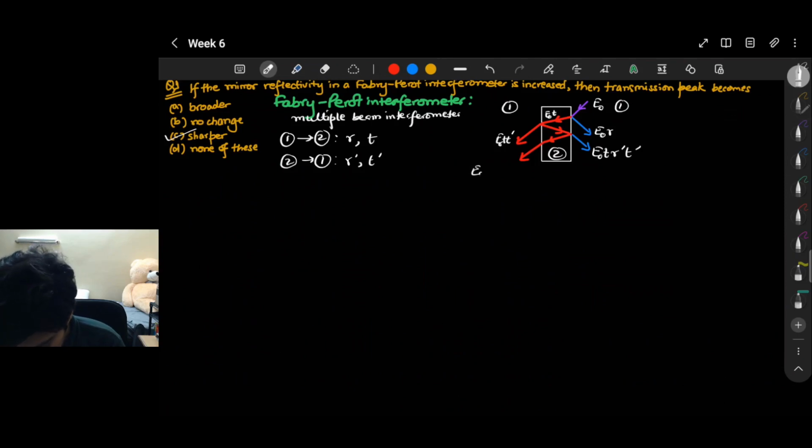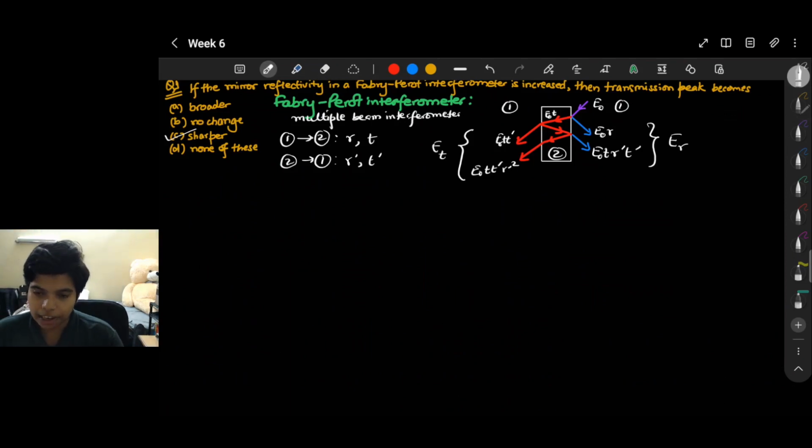So E naught T, T prime, R prime squared, and so on and so forth. This would continue. And this is the reflected beam, ER, this is the transmitted beam, ET. So we will combine all these infinitely many rays and they will interfere. Similarly for the transmission.